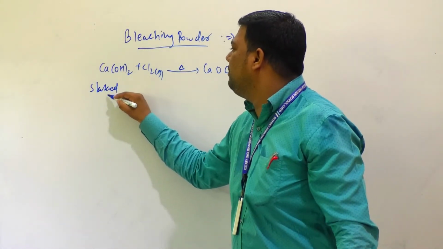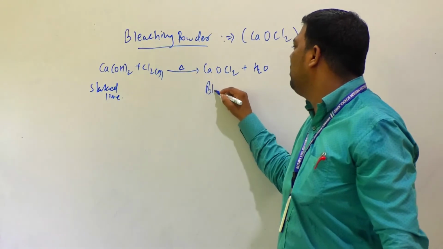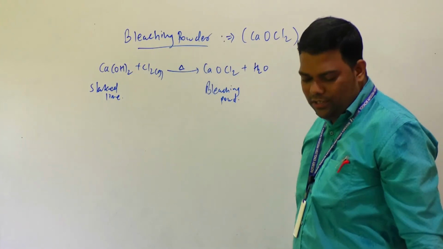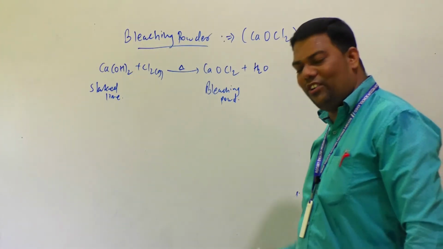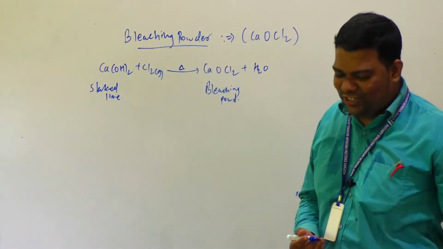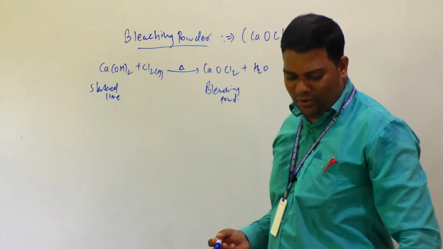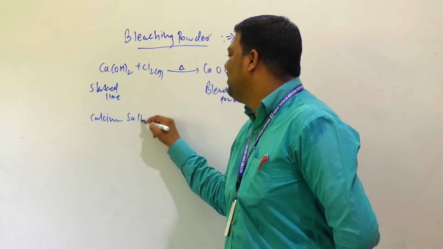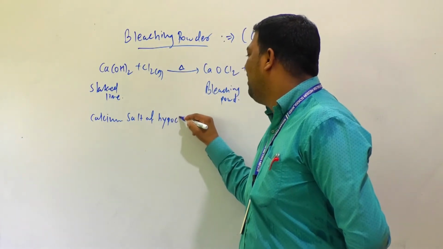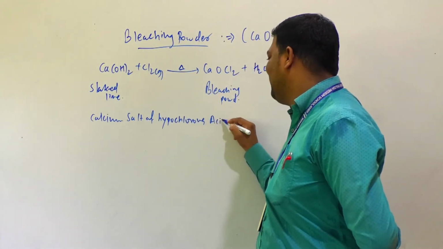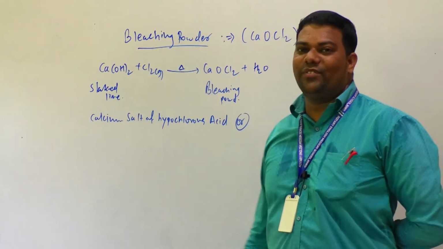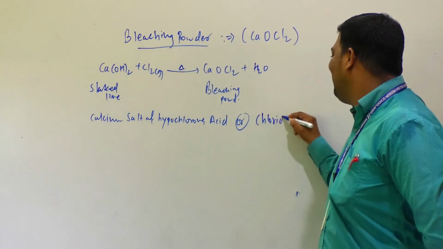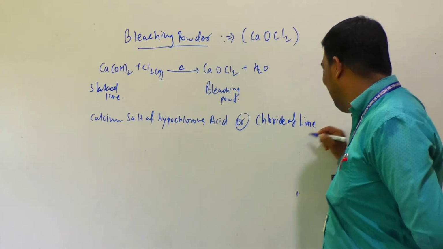So here we have slaked lime and chlorine, and this is bleaching powder. This bleaching powder is also called calcium salt of hypochlorous acid, or it is also called chloride of lime.